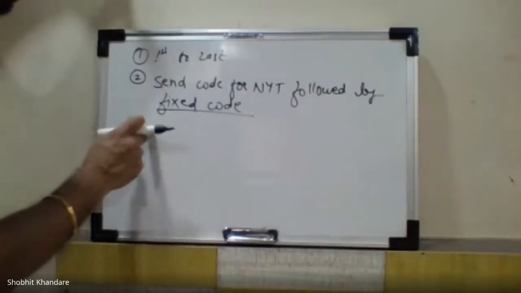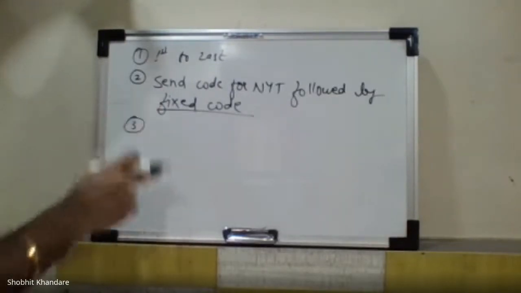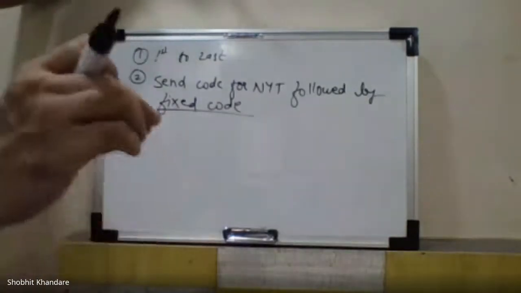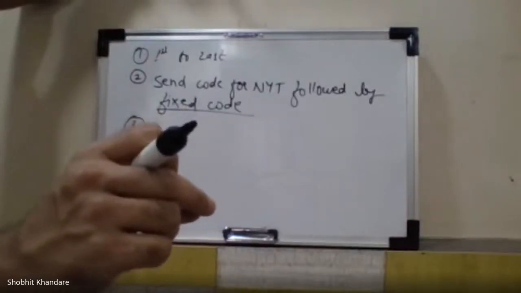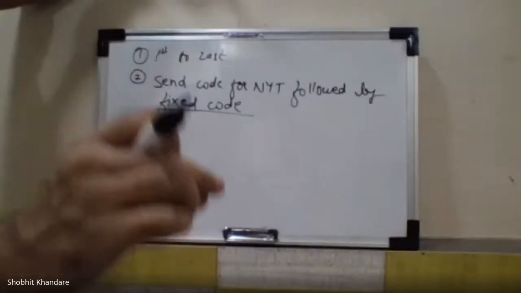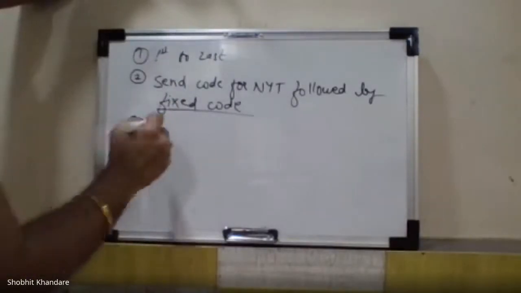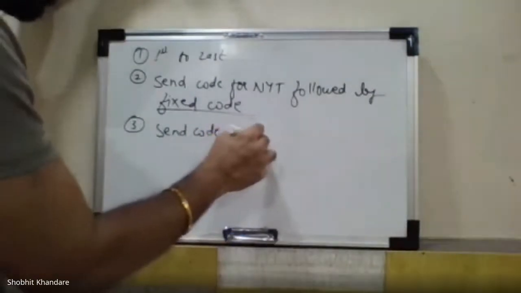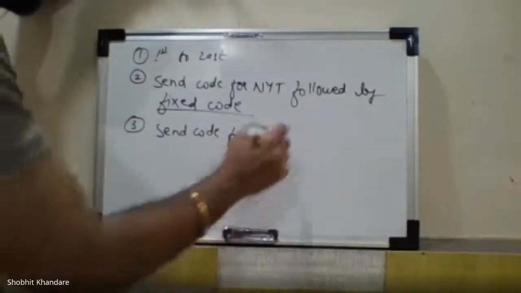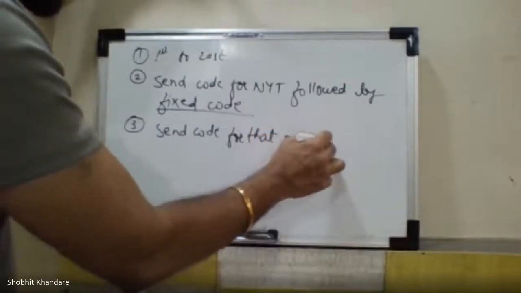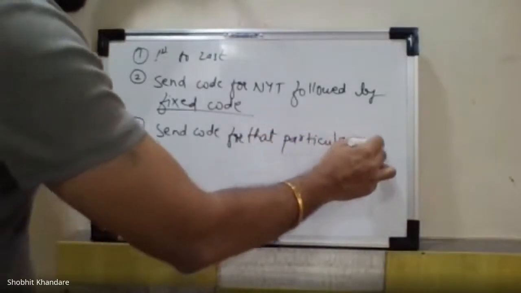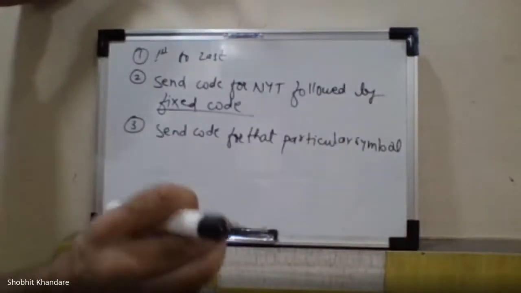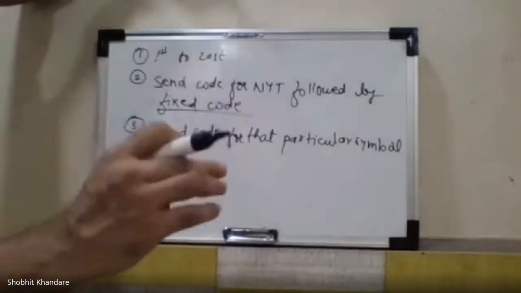So for that third step, write down: if the symbol has not come for the first time, then send code for that particular symbol. Okay, so this is happening if the symbol is coming for the second or third time, other than the first time.